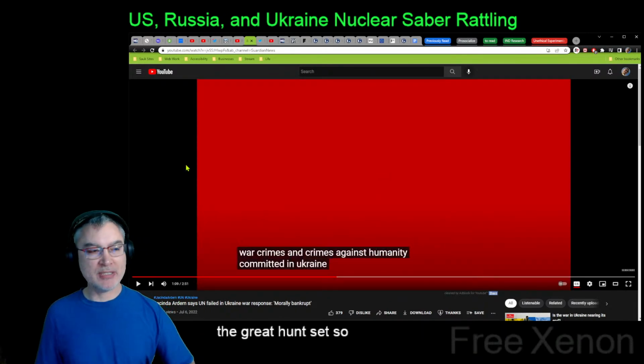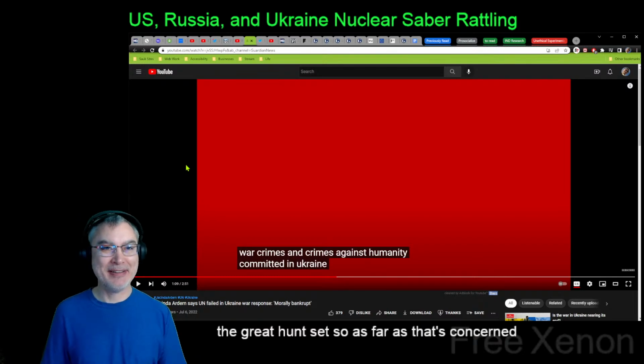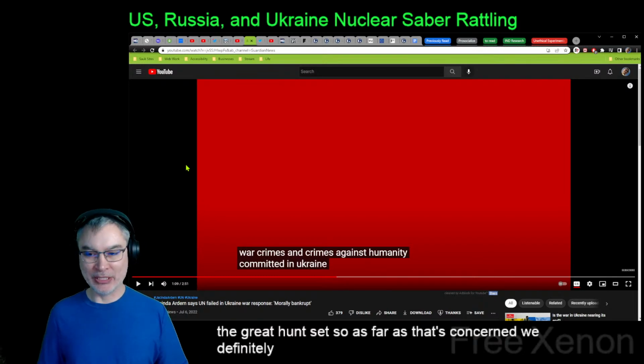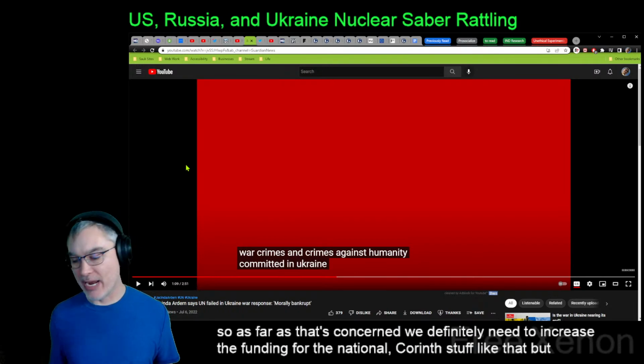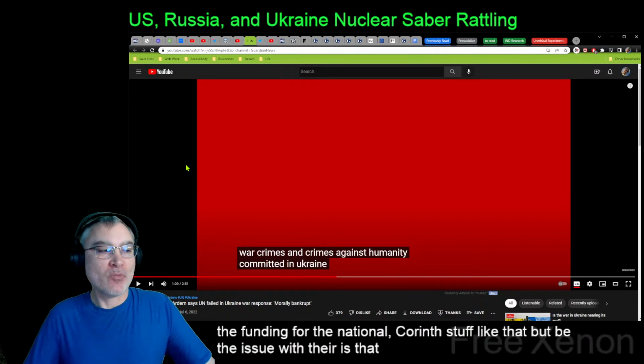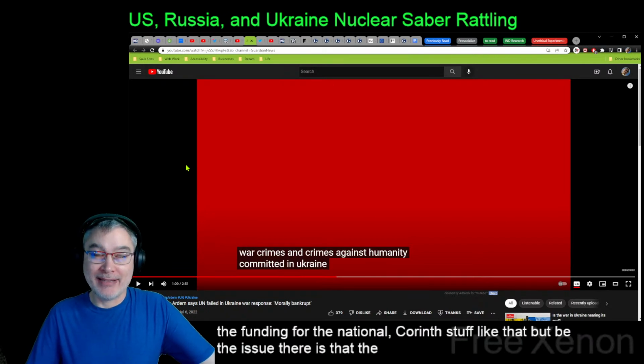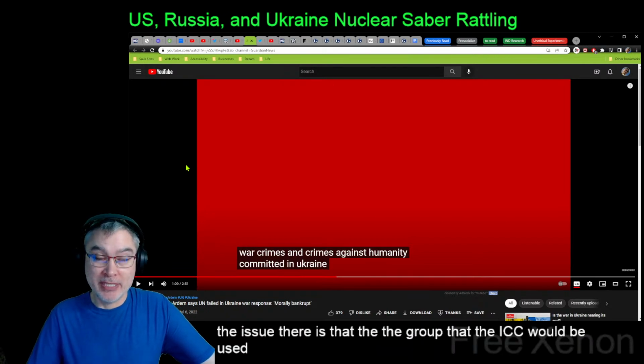Agreed, 100%. So, as far as that's concerned, we definitely need to increase the funding for the International Criminal Court and stuff like that. But the issue there is that the group that the ICC would be used against the most would be the United States.